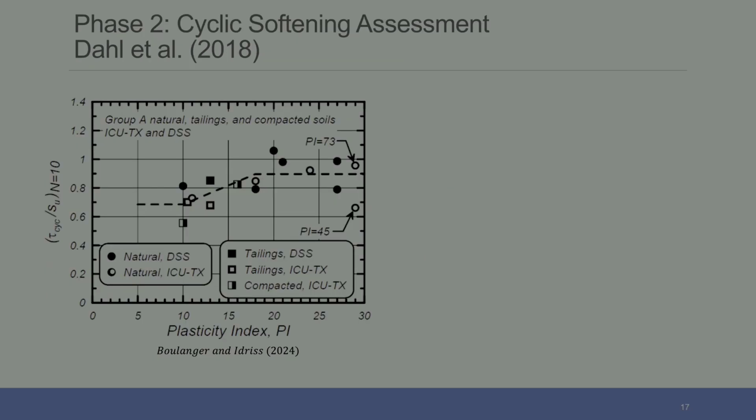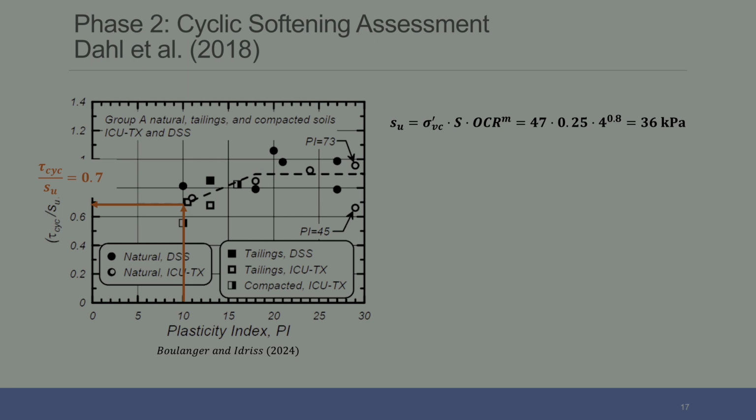For phase 2, we have to perform cyclic softening assessments too, because the Boulanger-Idriss 2006 susceptibility model yielded susceptible to cyclic softening. So we are using Dahl et al.'s 2018 method. We find tau cyclic over SU as 0.7. We can estimate SU based on SHANSEP suggestions as 36 kPa.